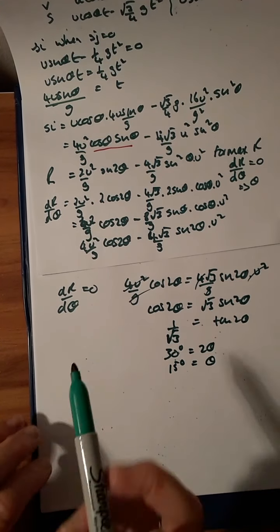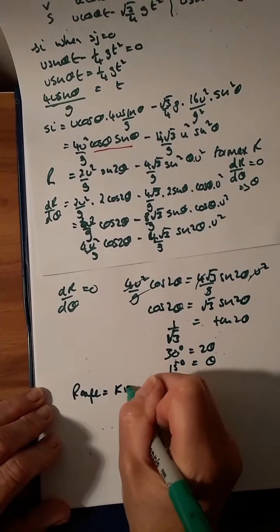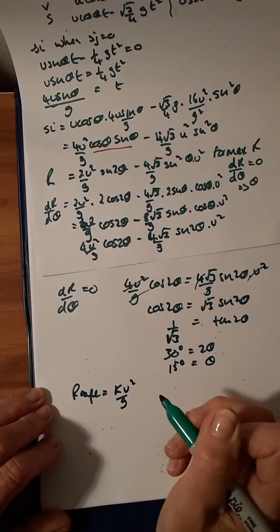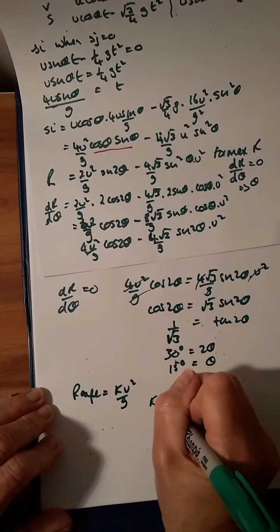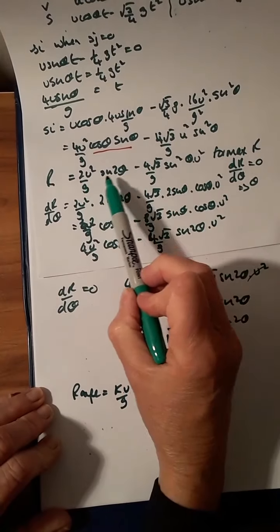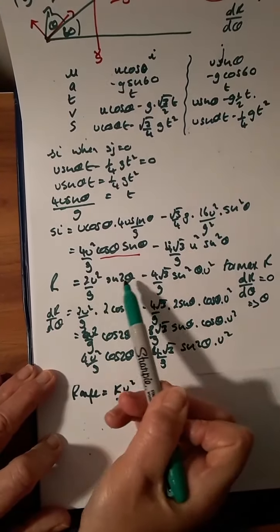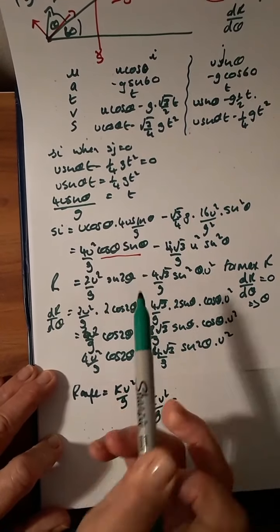I'm going to now find the maximum range, and I'm told what the range is. The range is equal to ku squared over g. So I'm going to put ku squared over g equal to my range. And the range is this fella here. So I'm going to put that range there and substitute in 15 for theta.